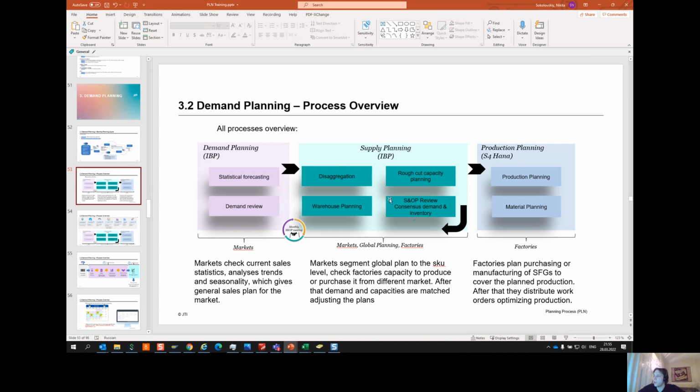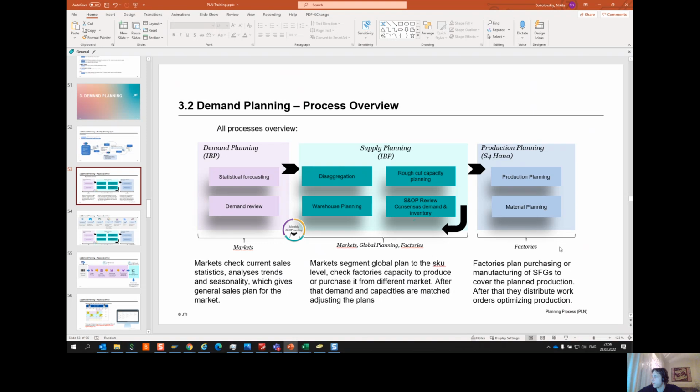And then after we have the final review from business, we can provide this information, already disaggregated and already considered with warehouses and capacities, to particular factories. One market can have several factories, or only one factory, or zero factories.